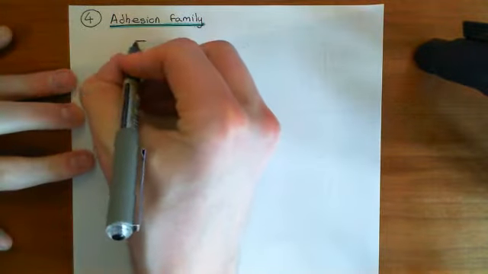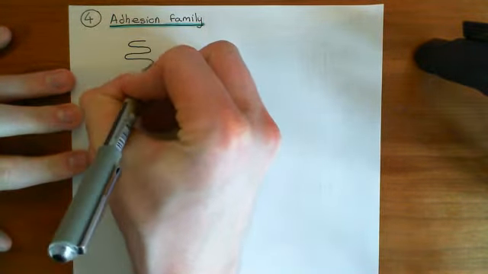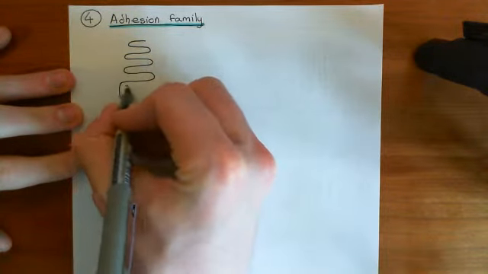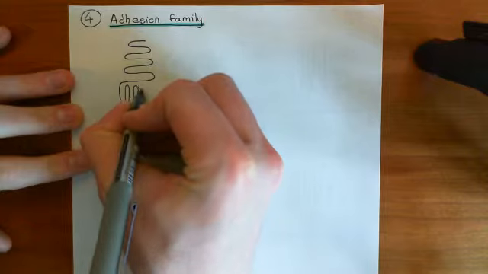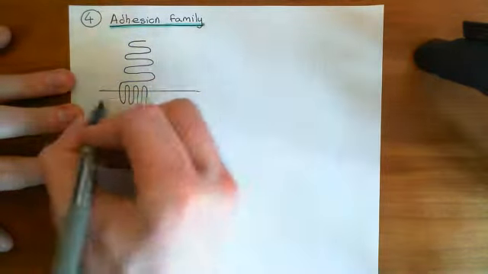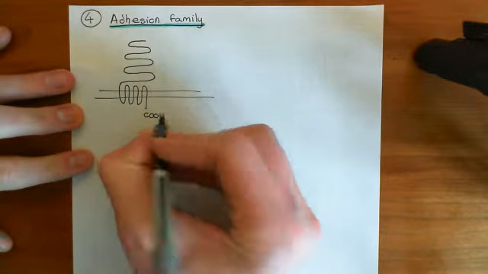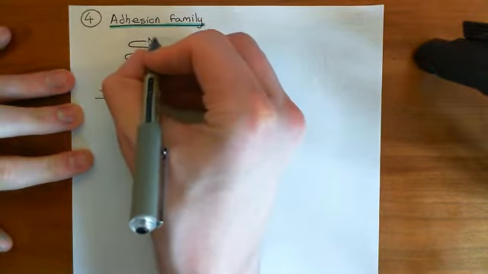So let's draw this here. So we have a very, very big amino terminal domain here. Then we have the 7 membrane spanning alpha helices, which we can't get out of. You have to have those, otherwise you're not a G-protein coupled receptor. Then you have your carboxylic acid terminus down here.